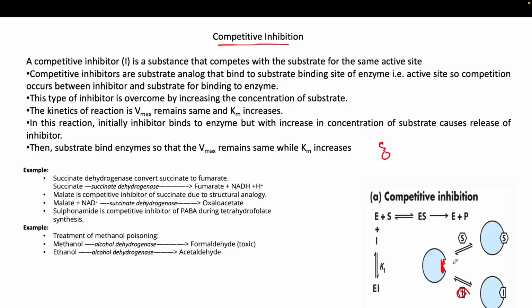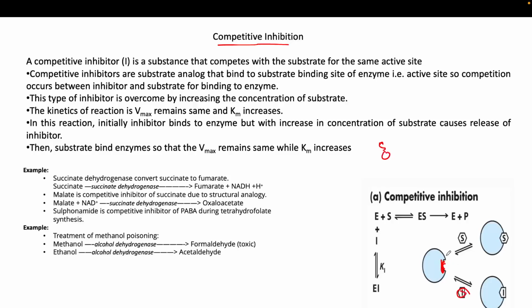So that is called competitive inhibition. When they both compete for this particular site, they should be homologs or analogs of each other, meaning structurally similar, and only then can it accommodate this place, right?